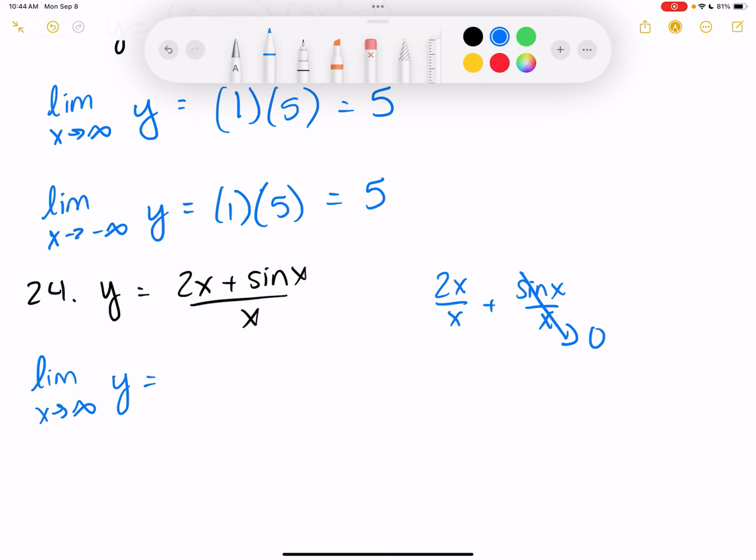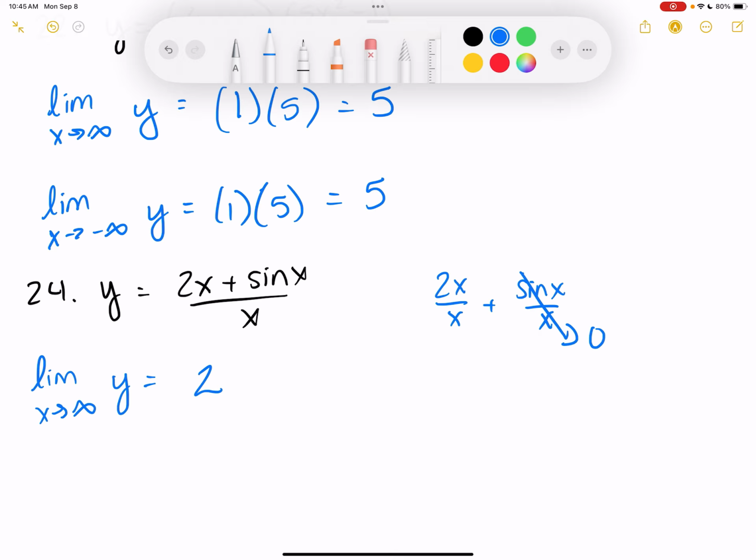So how come it was 1 before? I may have written it wrong in the last section. Let me look. That was as x approaches 0. At infinity, it's 0. So at 0, it's 1. At infinity, it's 0.